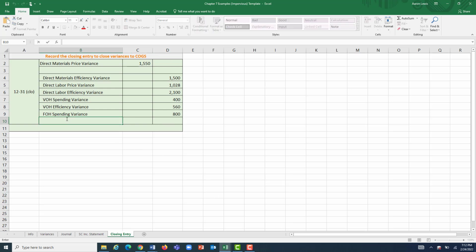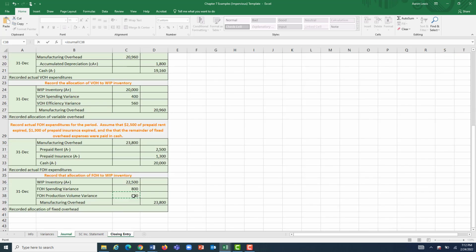And then lastly, we have the very long name of fixed overhead production volume variance. And our production volume variance for fixed overhead, according to our original journals, was $500 on the debit side because it was unfavorable. We need to credit that account for the same $500 to reduce its balance to zero.